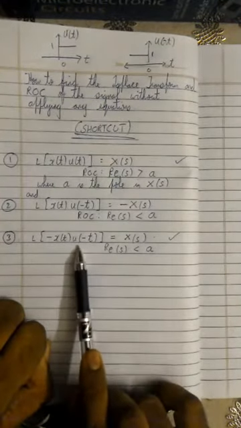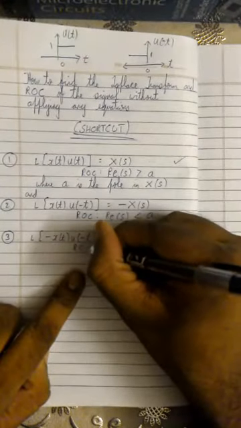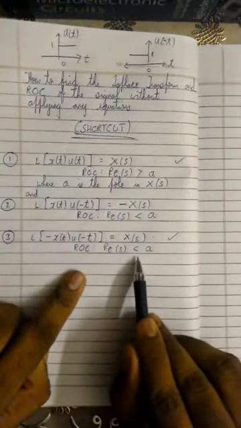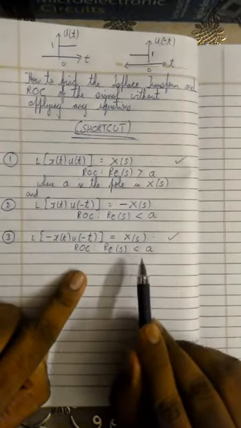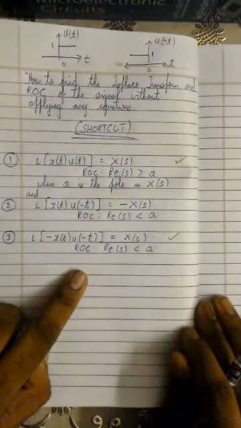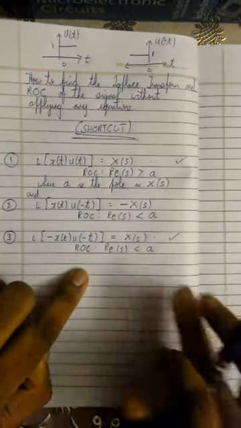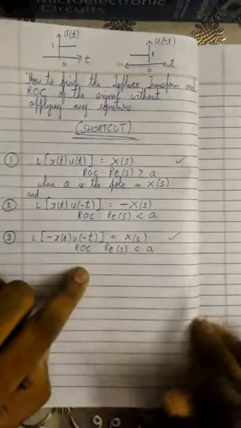If it is a left-sided signal, then the ROC is defined as real part of s less than a. This is how you define the signal, its Laplace transform, and its ROC.